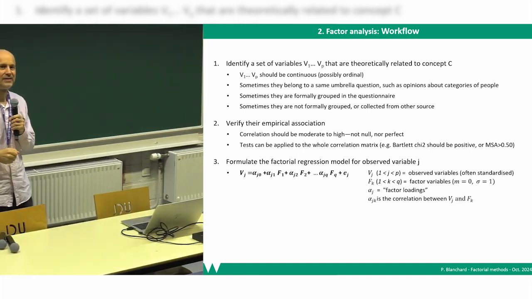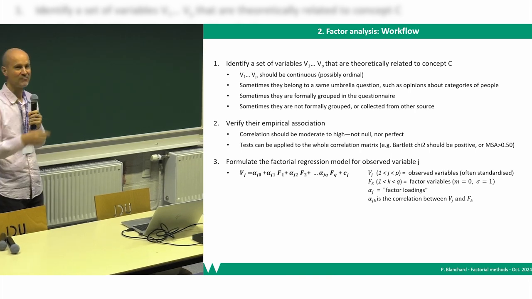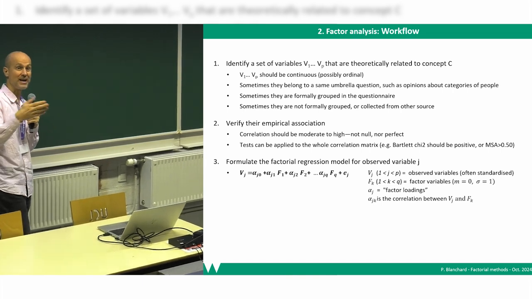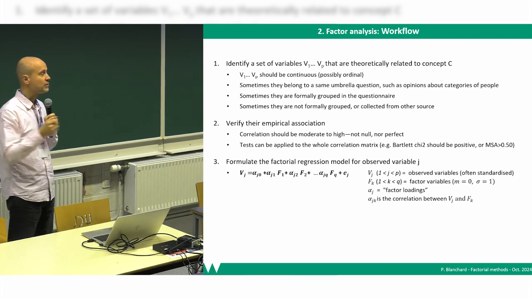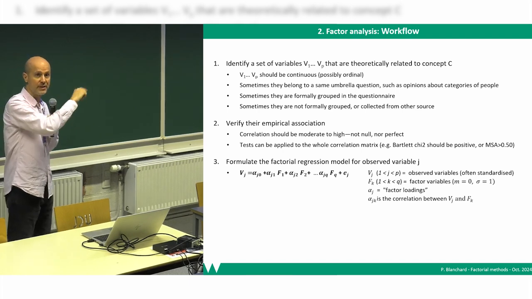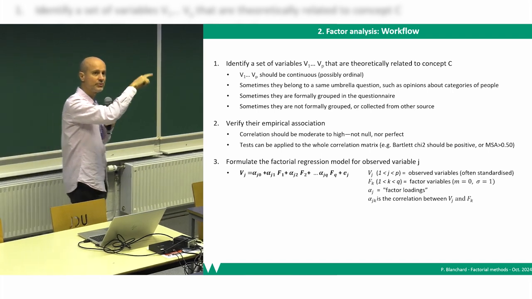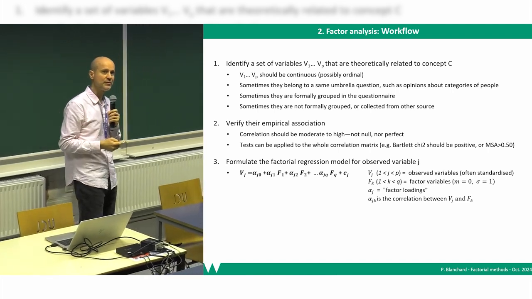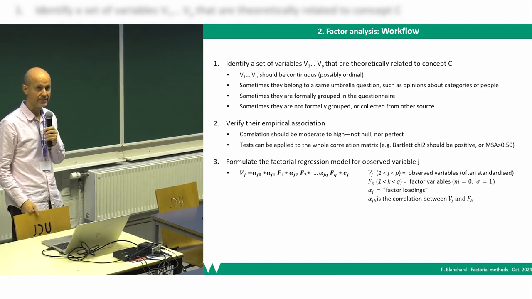Just a question. If the factors are meant to be latent or hidden, how do you already surface them at this stage? Yes, we work the other way around to calculate the factors. So we'll have algorithms to estimate the Fs depending on the Vs. We'll be able to reverse the equation to calculate the Fs from the Vs. And then you have to be able to say what the F is.